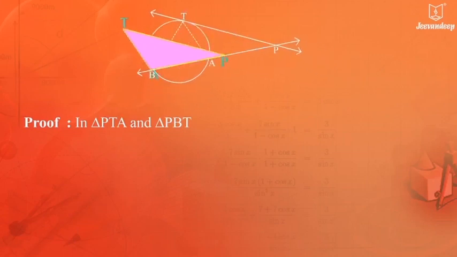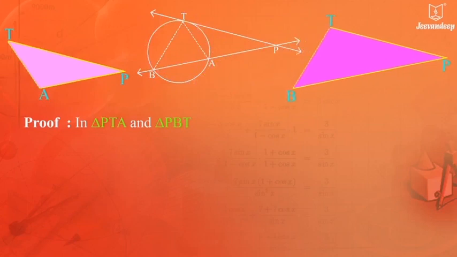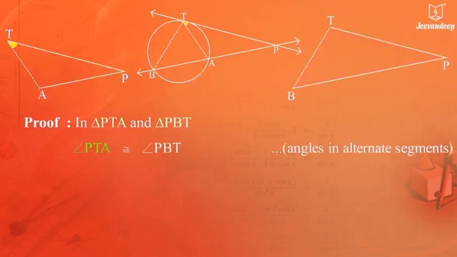Proof: in triangle PTA and triangle PBT, angle PTA is congruent to angle PBT, being the angles in alternate segments.